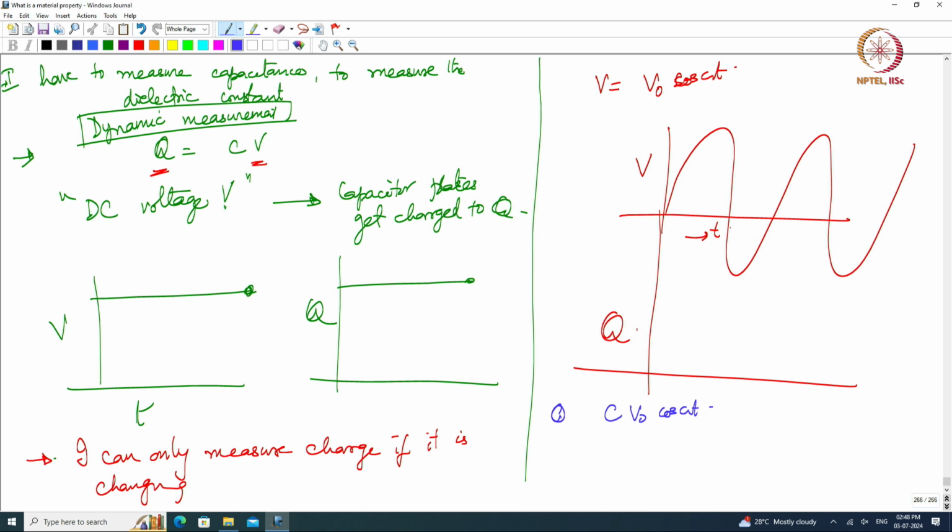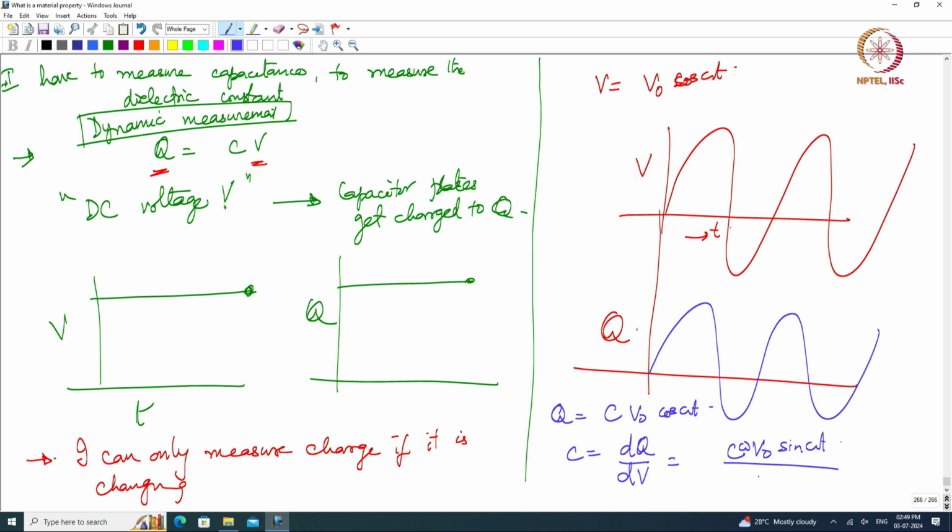So Q equal to this, and so C equals dq by dv. dq is C V naught sin omega t times omega, and dv is V naught omega sin omega t. So I can do this.